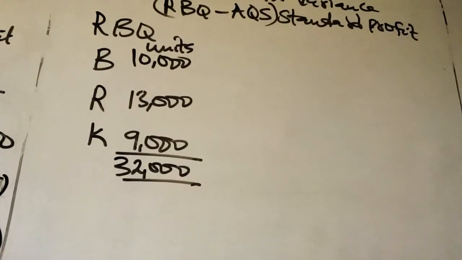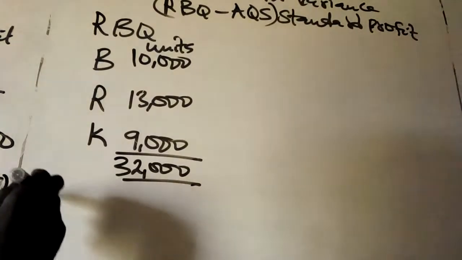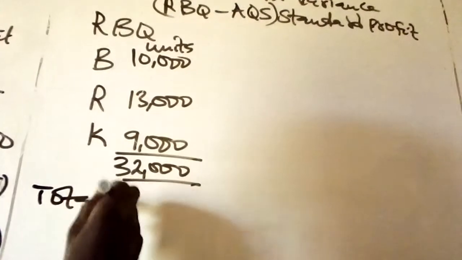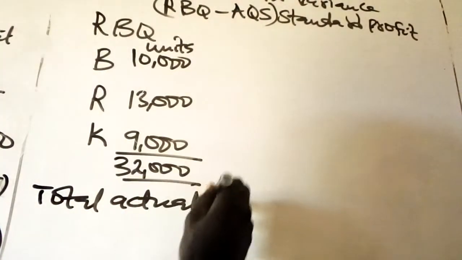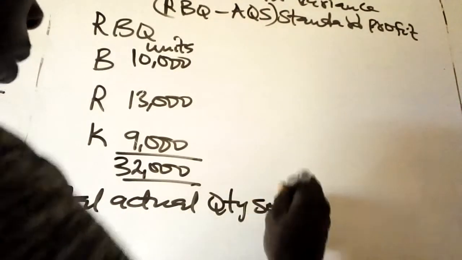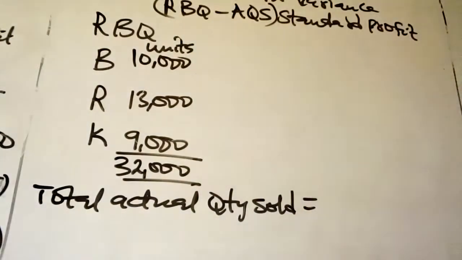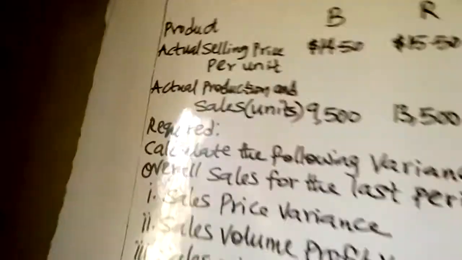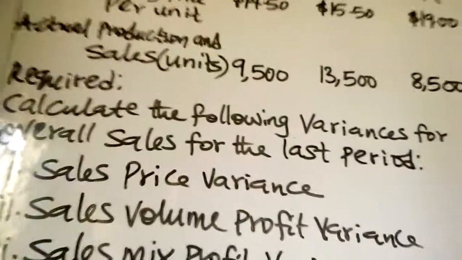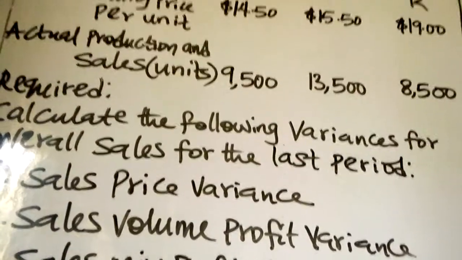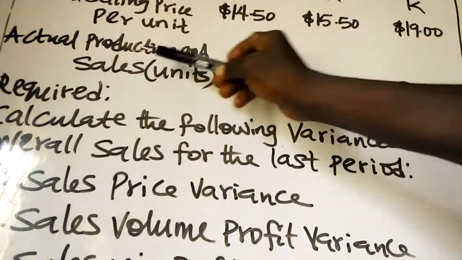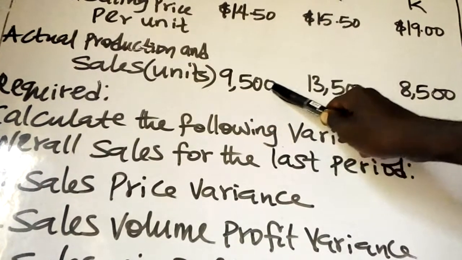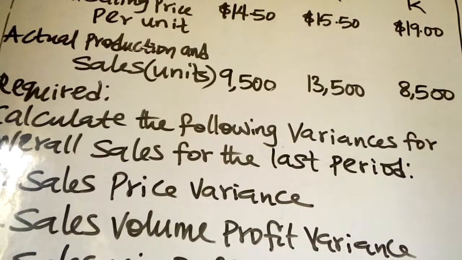Now, you also sum up your total actual quantity sold. You go back to the question. What are our actual quantities sold? Actual production and sales, we have 9,500, 13,500, and 8,500.